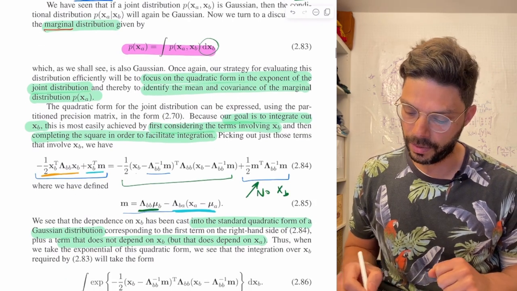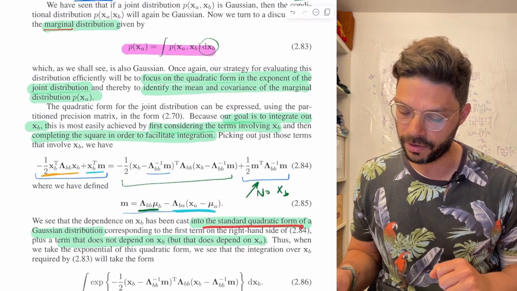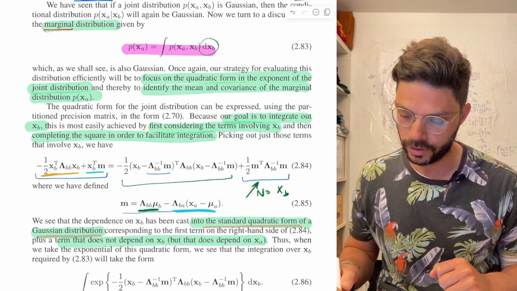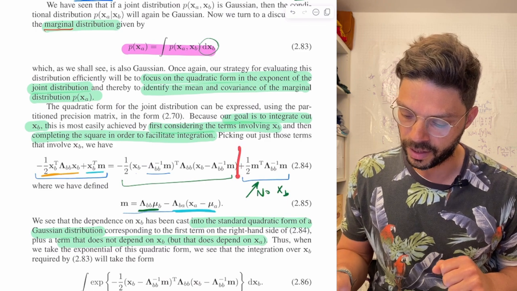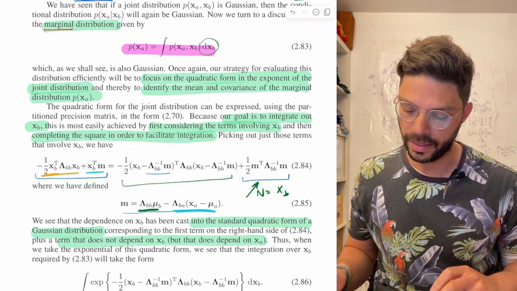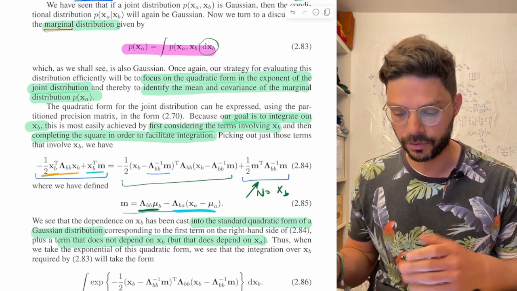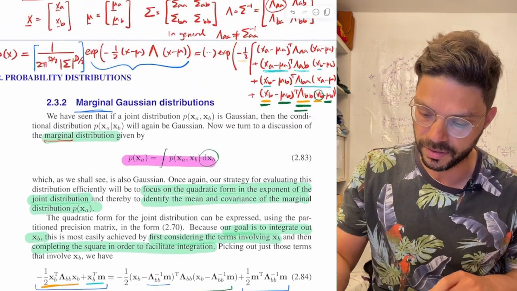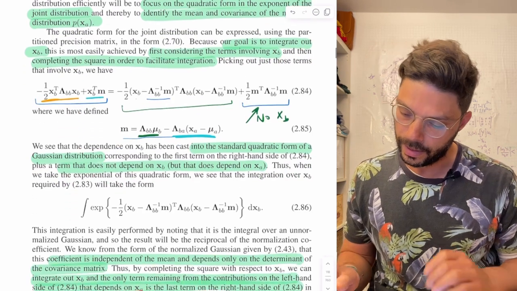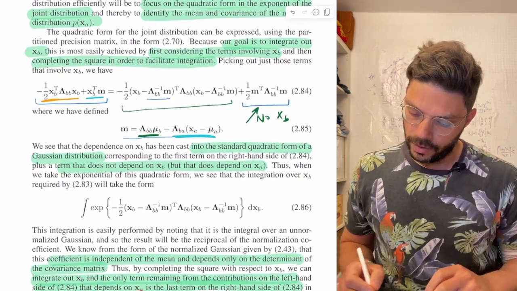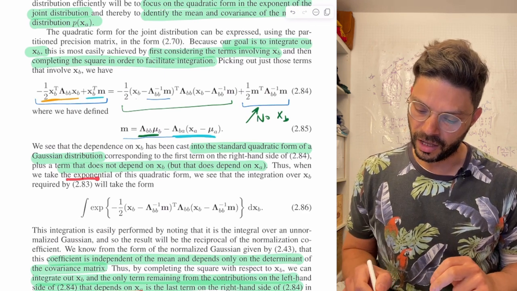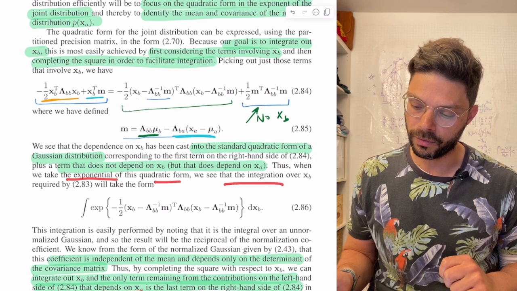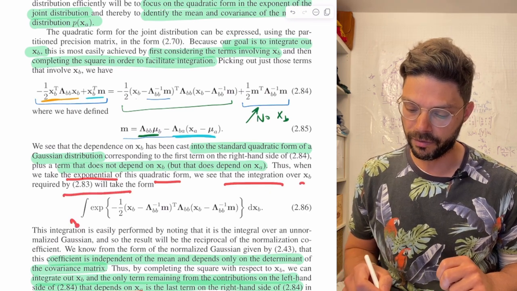Okay, so we see that the dependence on x_b has to be cast into the standard quadratic form of the Gaussian distribution, corresponding to the first term on the right-hand side of 2.84. So that's this one. Therefore, when we take the exponential of this quadratic form, because remember, this thing is sitting inside an exponential, we see that the integration over x_b will take the form of this.